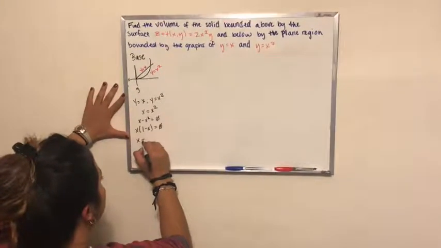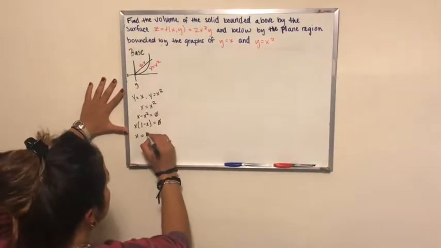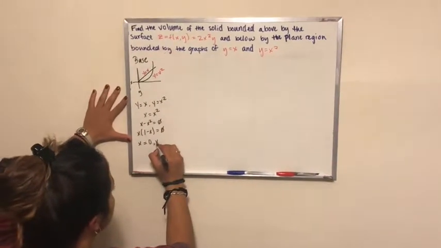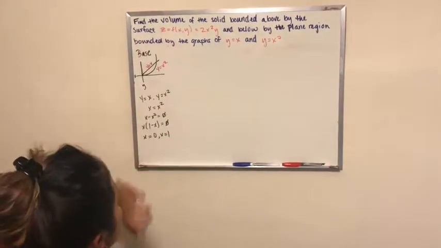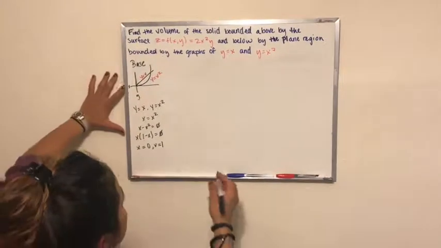And to make this 0, x has to equal 0, or x has to equal 1.